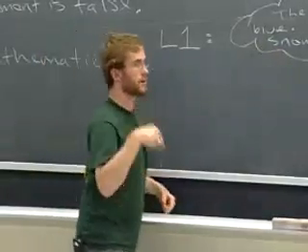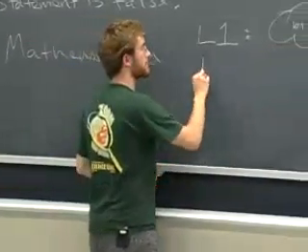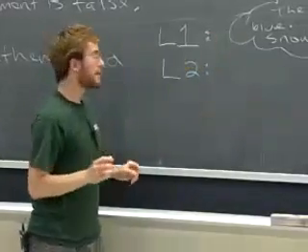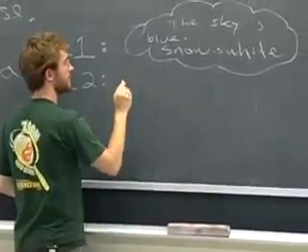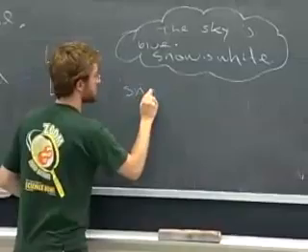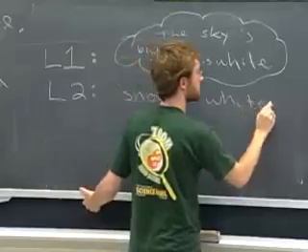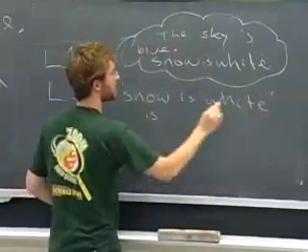But whenever we are in this class and we're talking about those sentences, we're actually speaking in another language, L2. And L2 contains L1 as a subset. And then we can start saying things like, the sentence "snow is white" is white. Let me do that, yeah.